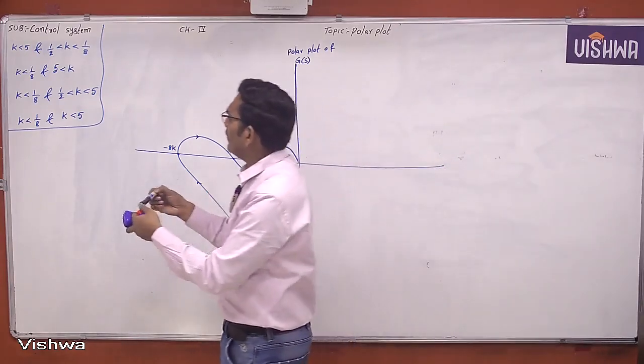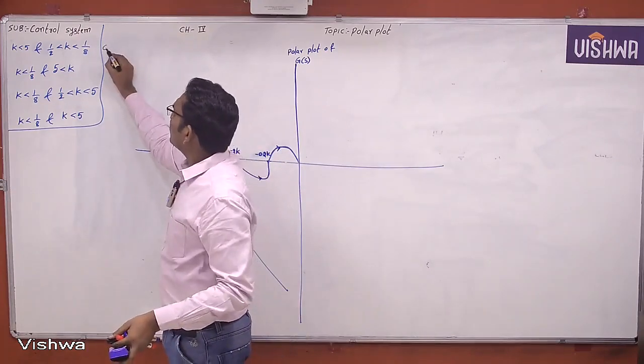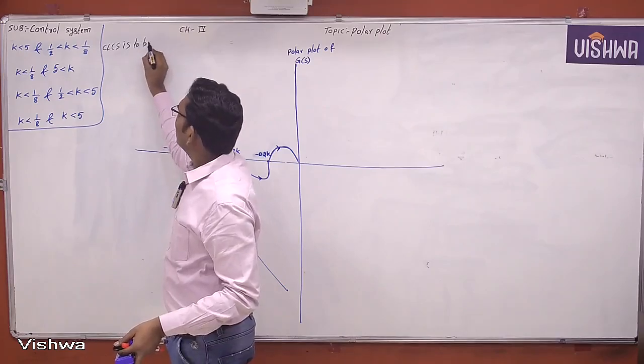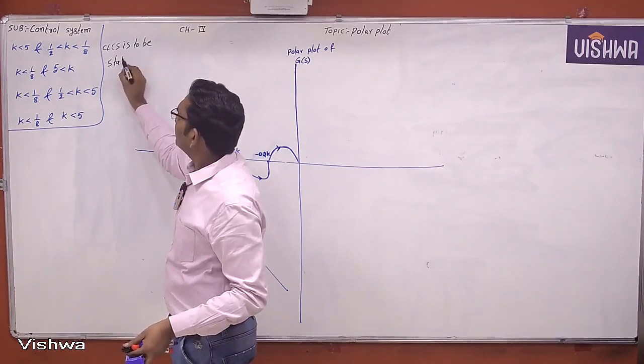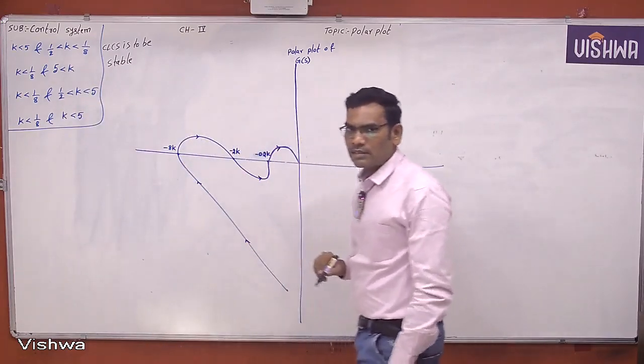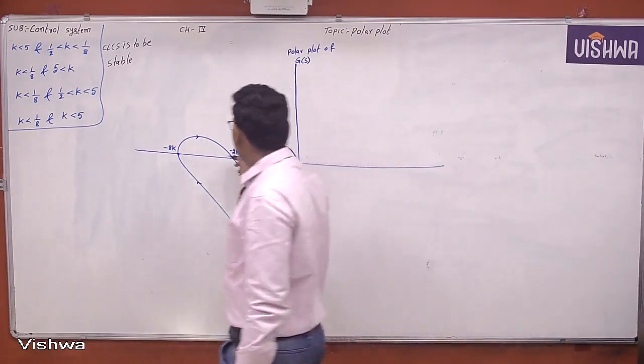One condition is given: the closed loop control system is to be stable. Which of the following conditions is correct is the question which is given. So now all these are the values.